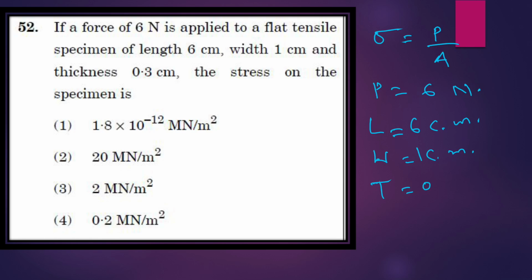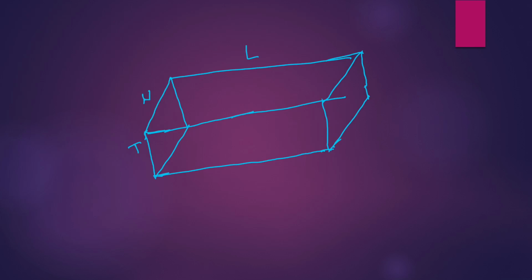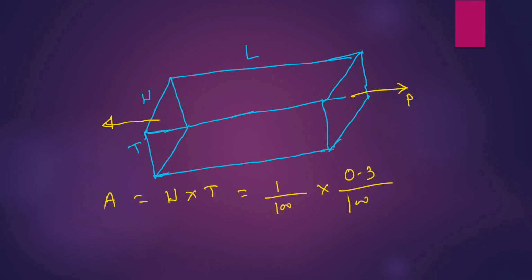So here load is acting like this. This is P direction. Area is W into T. So from here also you can calculate. W is 1 centimeter or 1 by 100. Thickness is 0.3 or 0.3 by 100 or 3 by 10 also you can write.